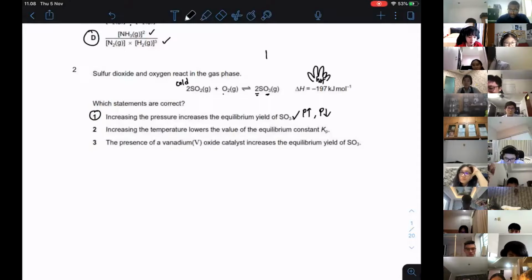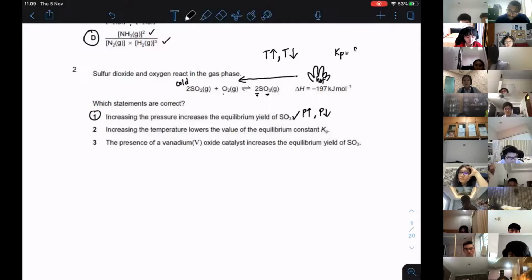When you increase the temperature, I need to decrease the temperature. How do you decrease the temperature? By shifting the position from hot to cold. When you shift that position, you are using up SO3 to produce more SO2 and O2. So when I write down the Kp, it is supposed to be SO3 partial pressure to the power of 2 divided by partial pressure of SO2 to the power of 2 times partial pressure of O2.